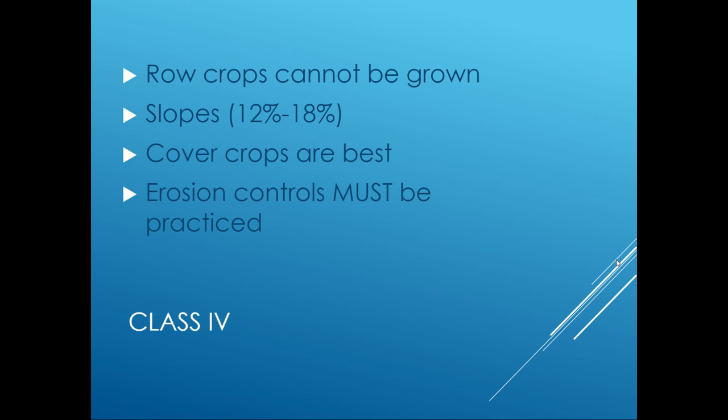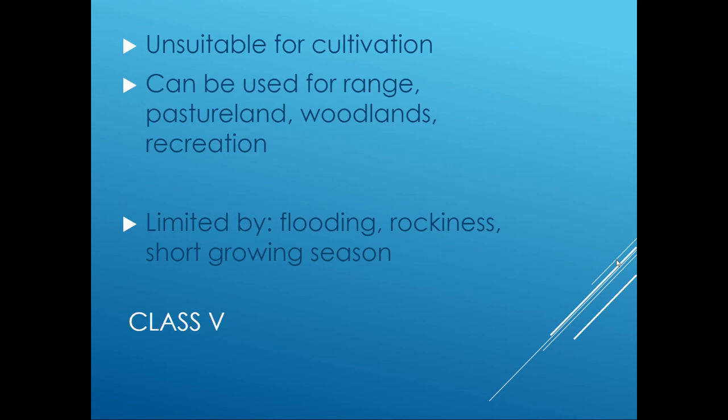Class number 4, row crops cannot be grown in this particular land class. Slopes are extremely steep, 12 to 18%. Cover crops are best, and erosion controls must be practiced. So there have to be management techniques put in to prevent erosion here. Class number 5. These land classifications are unsuitable for cultivation. They can be used for range, pastureland, woodlands, or recreation.